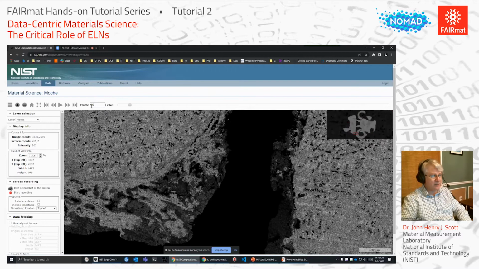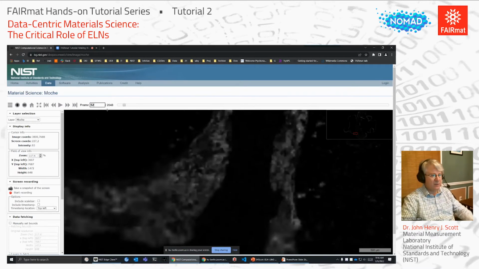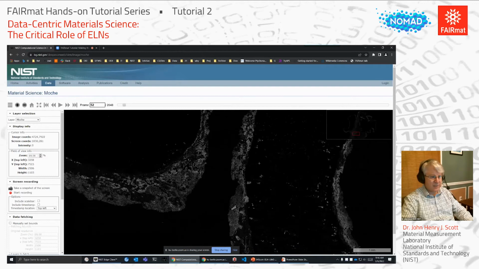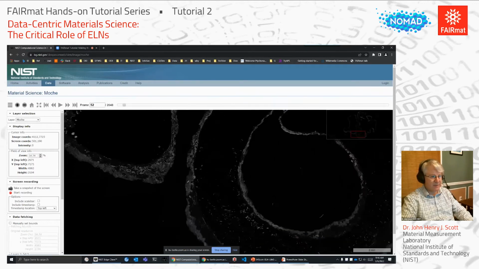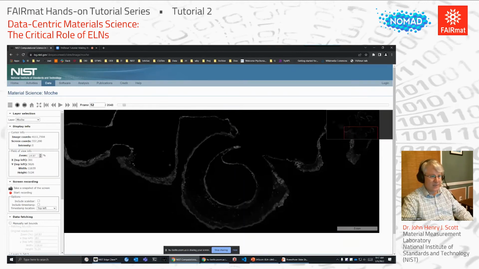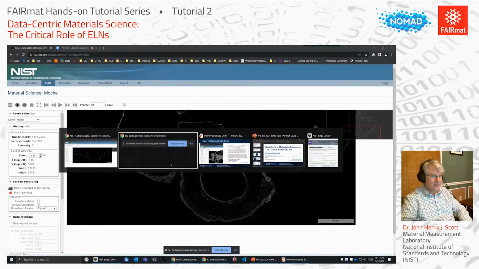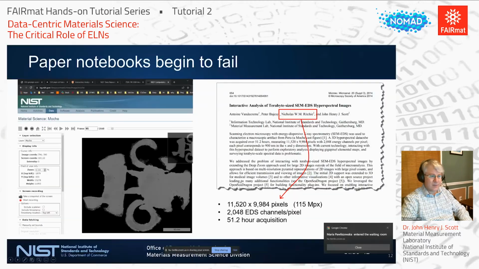I'm currently looking at channel number 95, which is the copper L X-ray emission line. If I move to 520 eV or channel 52 near the oxygen emission line, now what we see is the oxygen content of the sample. Not surprisingly, most of the oxidation is on the outside. And so this is a terabyte data set. And let me switch back to my presentation.